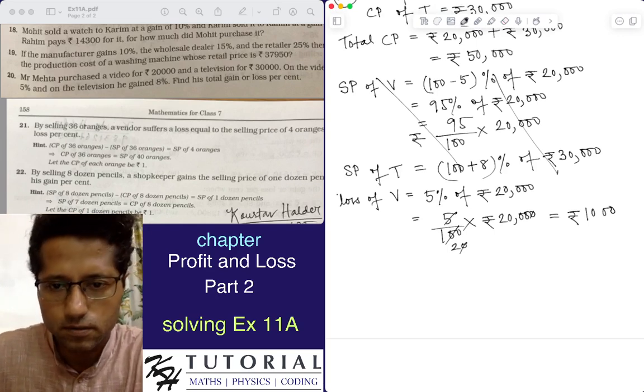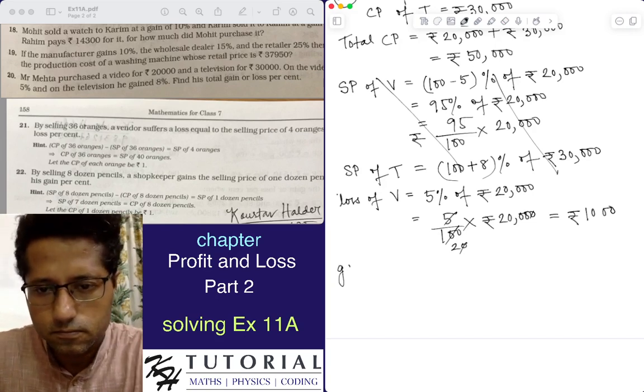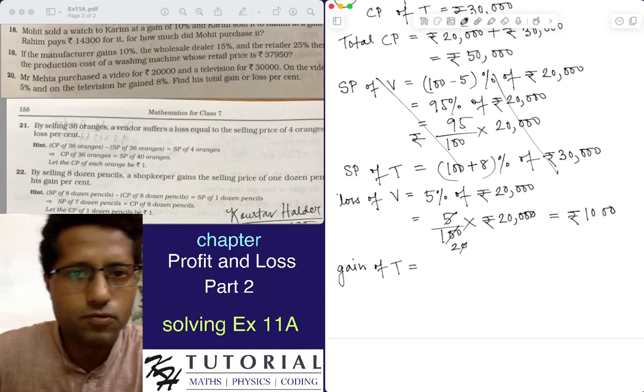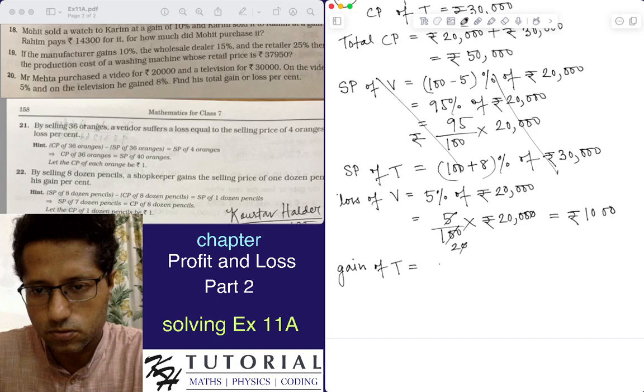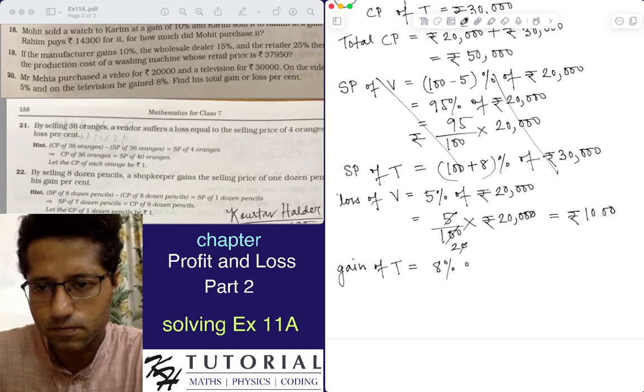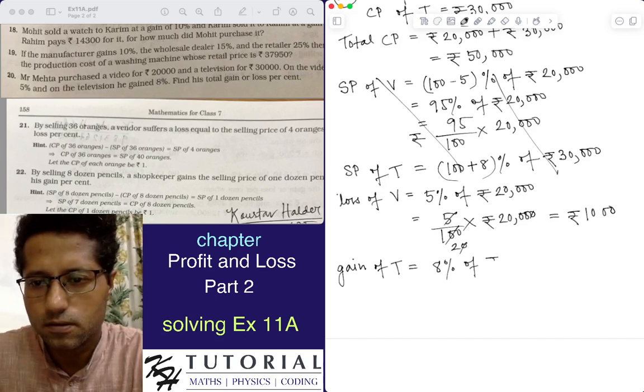What is the gain on the television? The gain on the television is given to be 8%. So this is 8% of the cost price of the television, which is 30,000.